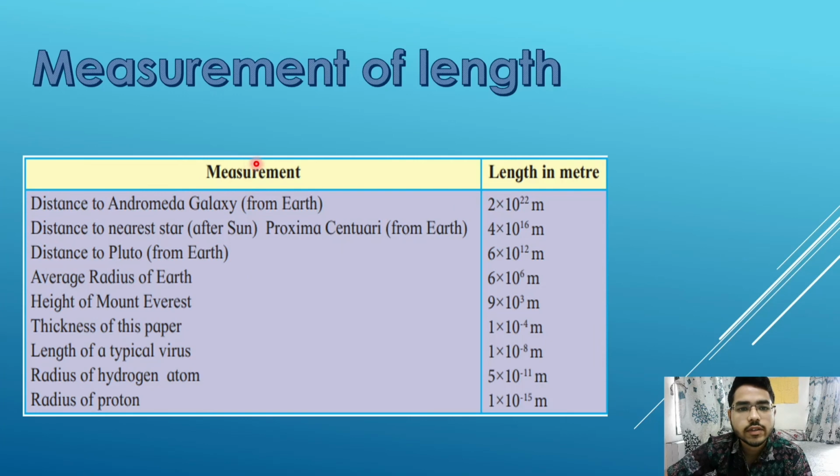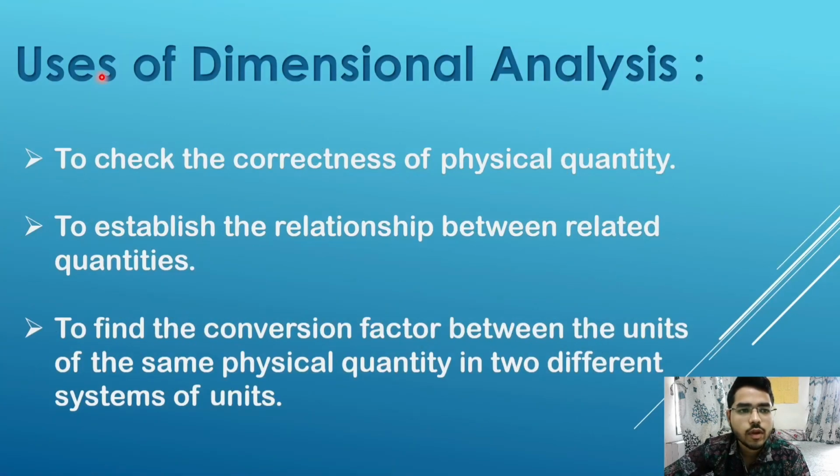Now turning to the next slide, measurement of length. These are some standard measurements which have been given on this page. Now turning to the next slide. Uses of dimensional analysis: to check the correctness of a physical quantity, to establish the relation between related quantities, and to find the conversion factor between the units of the same physical quantity in two different systems of units.